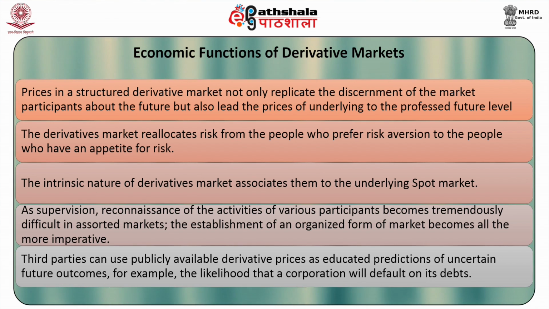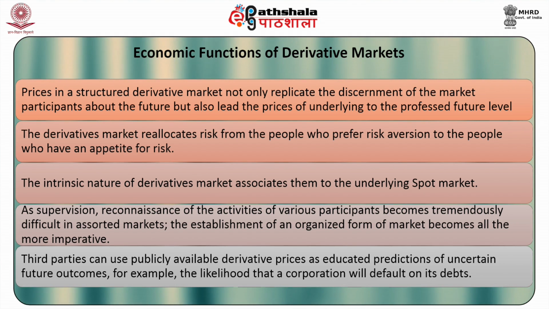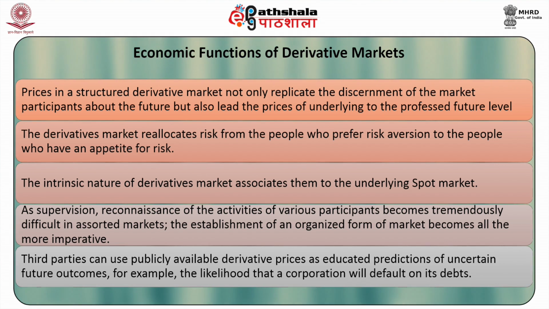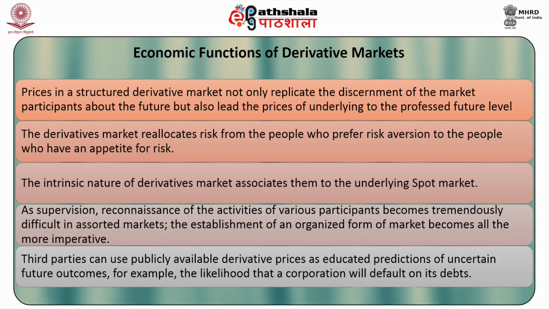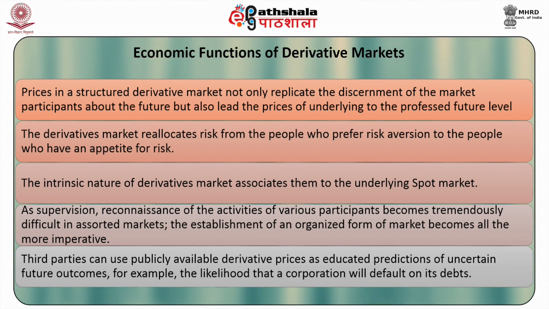Fourth, as supervision and surveillance of the activities of various participants becomes tremendously difficult in assorted markets, the establishment of an organized form of market becomes all the more imperative.